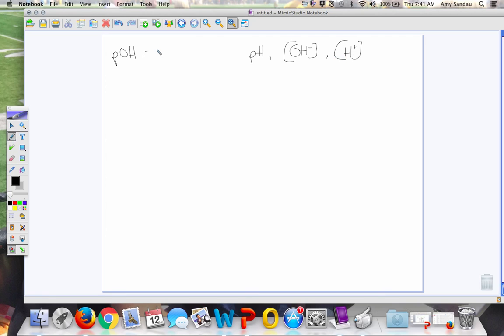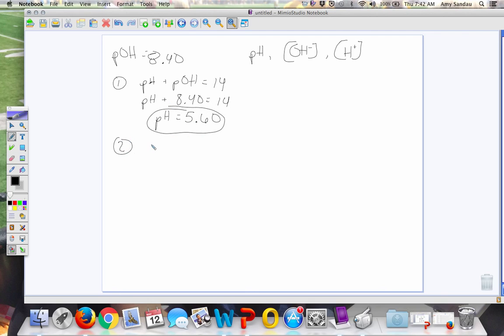So if we give you a pOH of 8.40, the first step that I want you guys to do is we'll do the easy one where it's pH plus pOH gives you 14. So pH plus 8.40 is going to be 14. Subtract 8.40 from both sides. And pH will end up being 5.60.